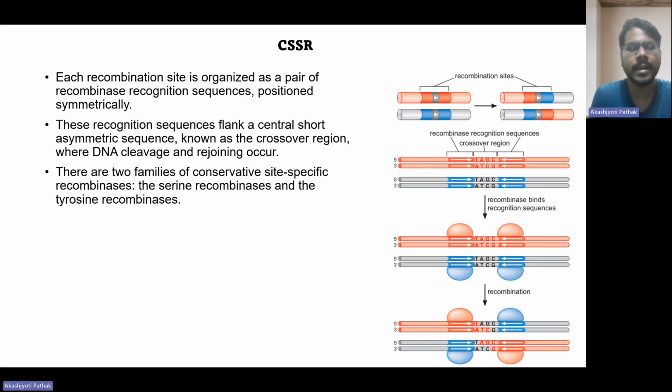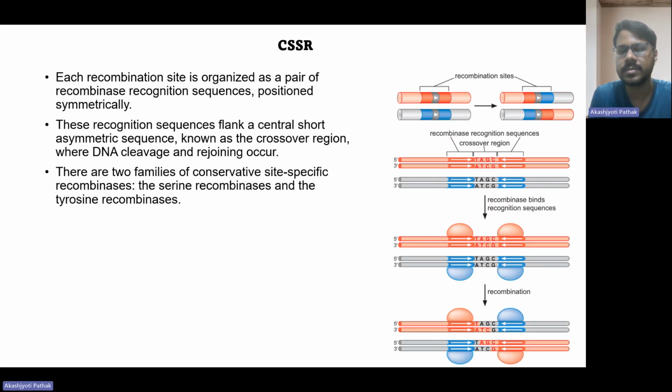Okay. So each recombination site is organized as a pair of recombinase recognition sequences positioned symmetrically. You can see here, they're positioned symmetrically. Okay. And these recognition sequences flank a central short asymmetric sequence.